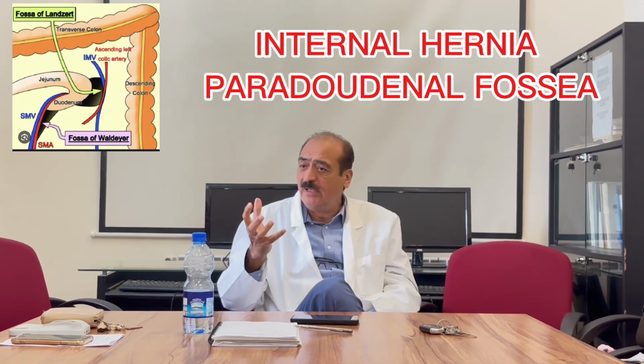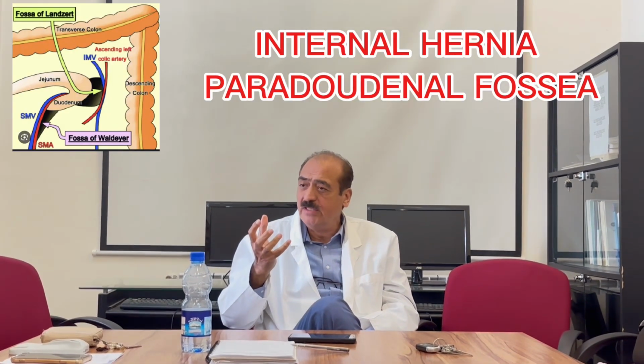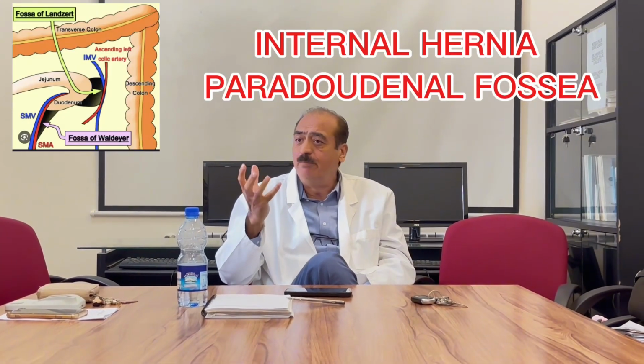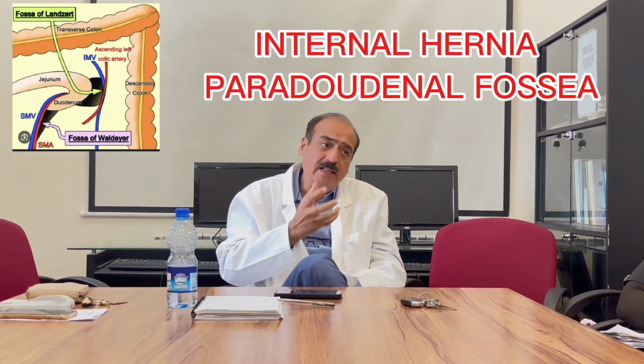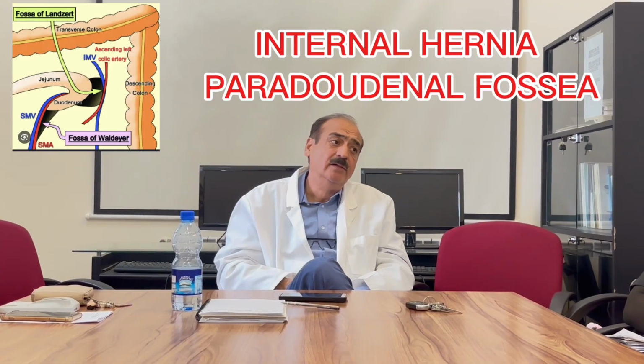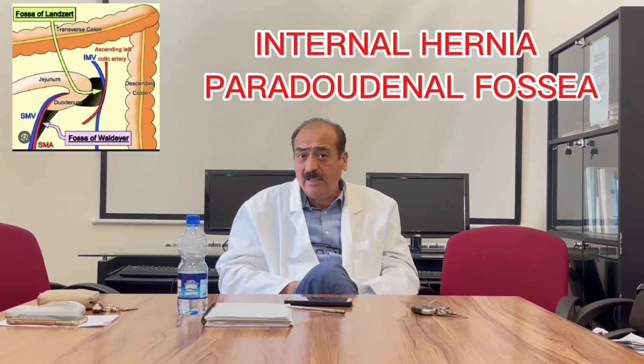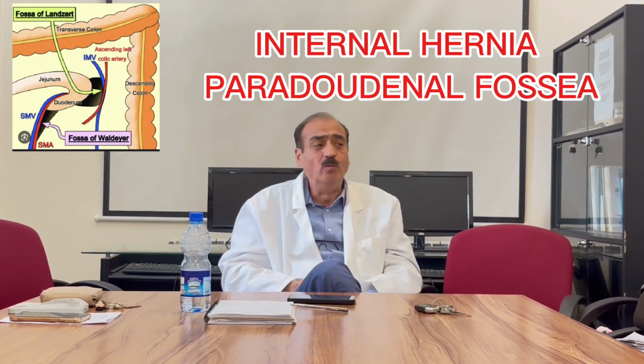An important thing which we used to do in such cases is that we wrap the loop of gut in a moist, warm towel or pad and tell the anesthetist to give 100% oxygen to the patient and wait for 2 minutes.